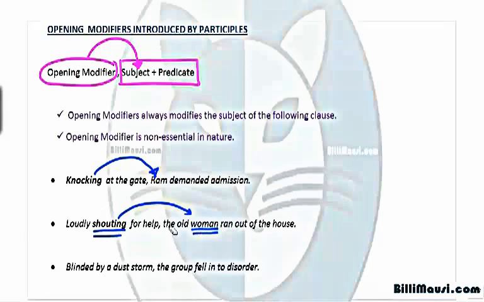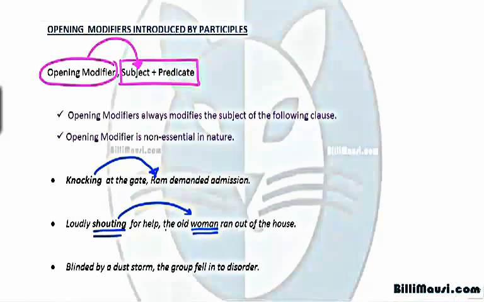So what is the subject of the following clause? The subject of the following clause is woman. The words, the old, are just modifiers of woman. They are just adjectives. Okay.